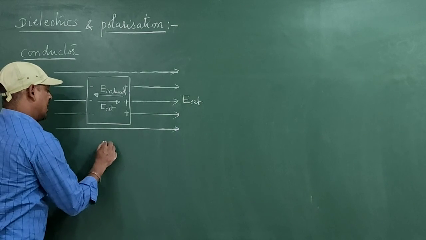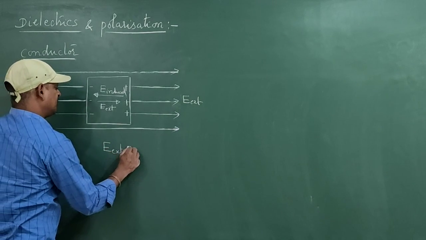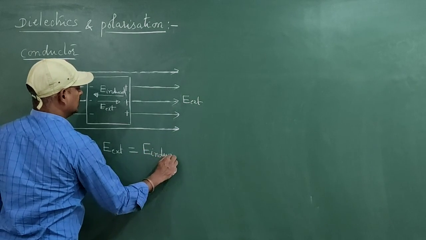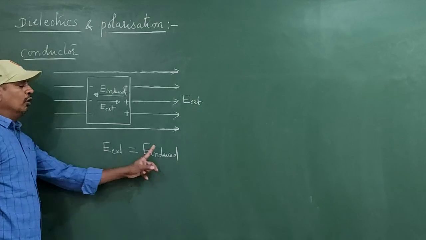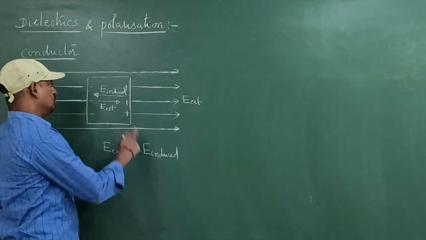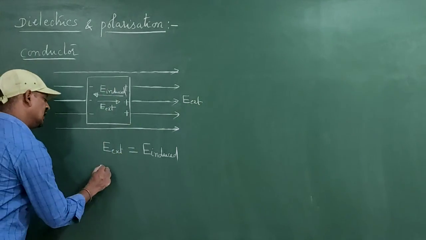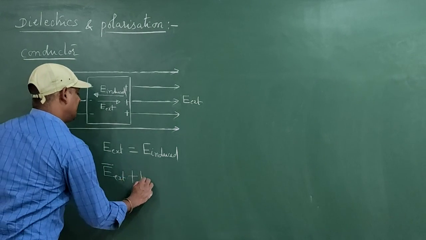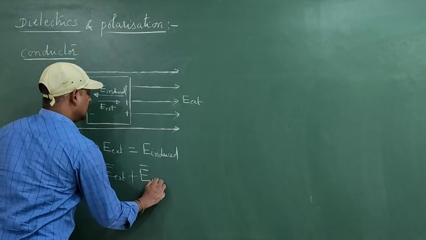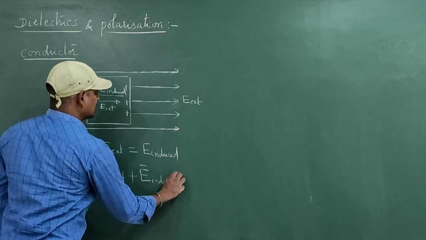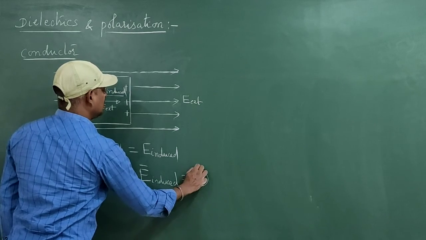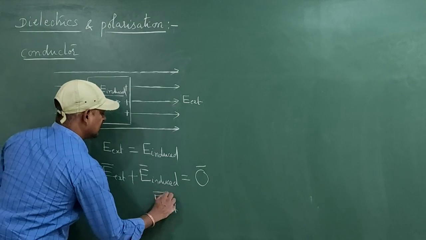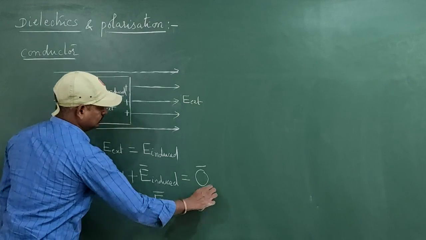The magnitude of the external electric field will be equal to the magnitude of the induced electric field. Both are equal in magnitude but in opposite directions, so they cancel each other. That means the net electric field inside the conductor becomes 0.